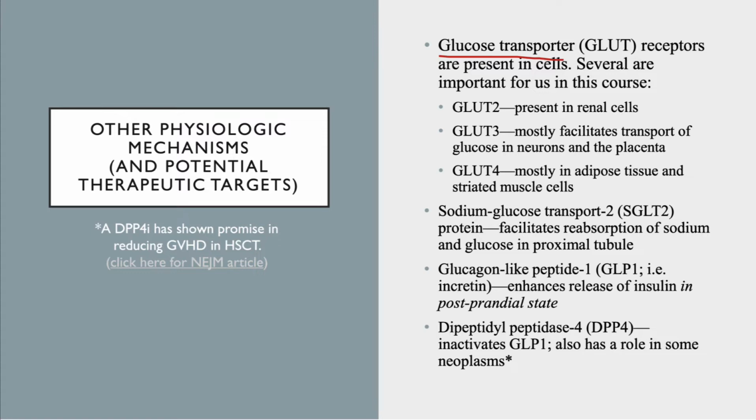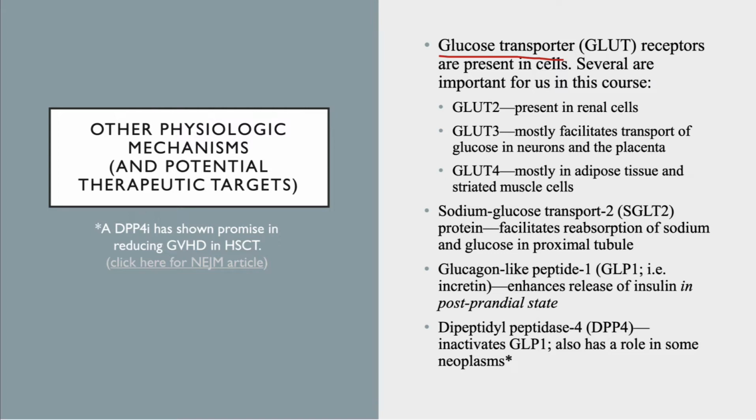Empagliflozin and some of the other flozin drugs that focus on this particular protein. This is huge. It's pretty good for helping control blood sugar, and it's nice because it doesn't lower the blood sugar and make you hypoglycemic. But it's really good for heart failure, which is why I get excited about it, right?